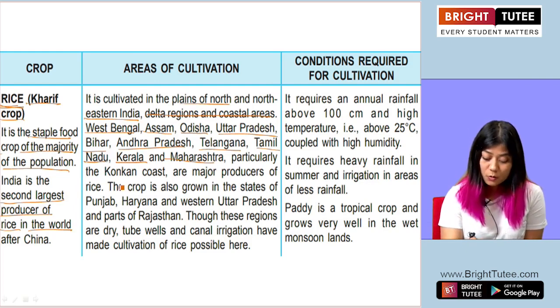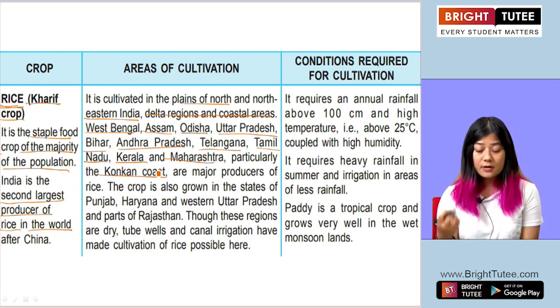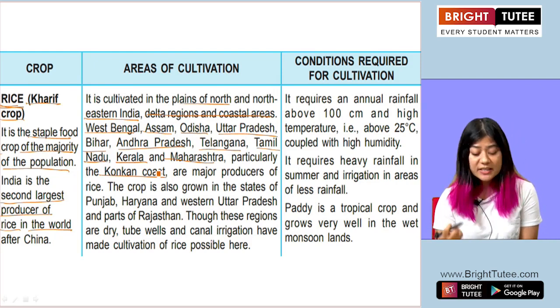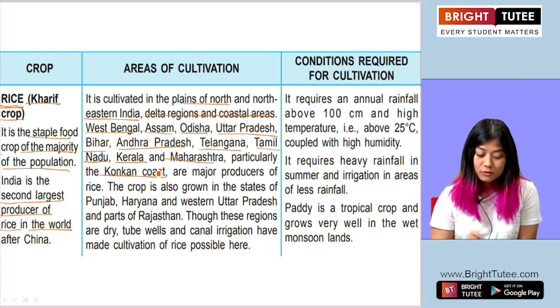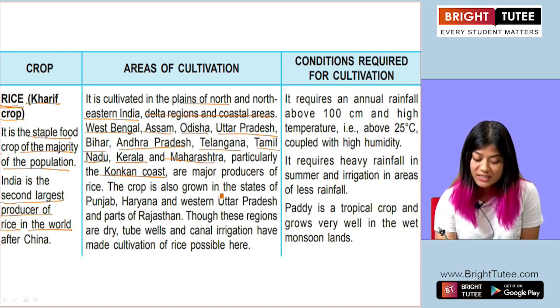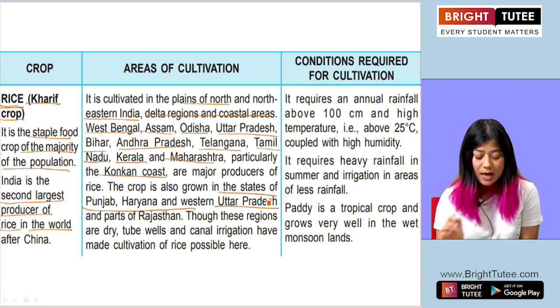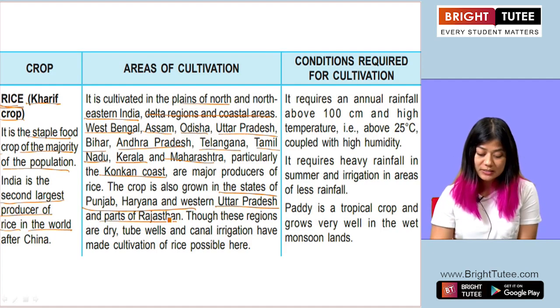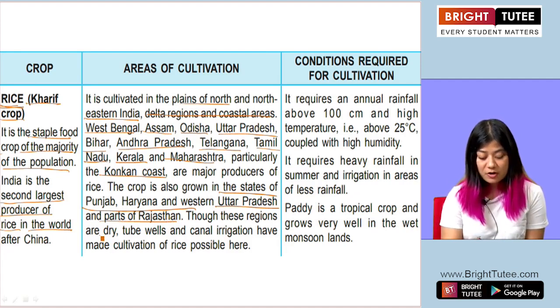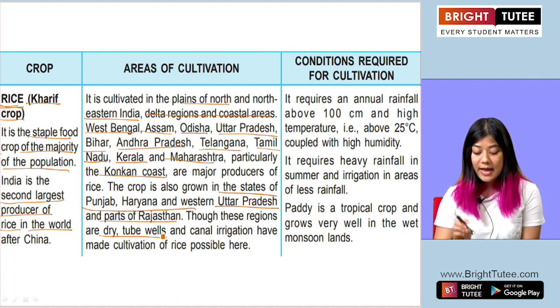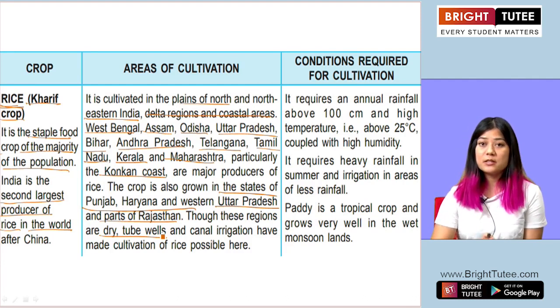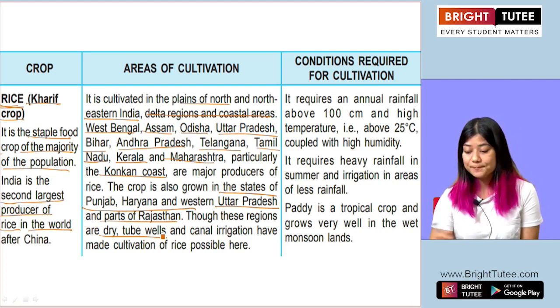The Konkan coast is also another rice producing area. Rice is also grown in Punjab, Haryana, western Uttar Pradesh, and parts of Rajasthan. These regions are sometimes dry, and tube wells and canal irrigation become very important for rice cultivation in these areas because they are dry and arid.